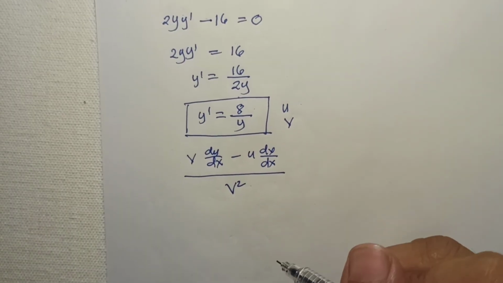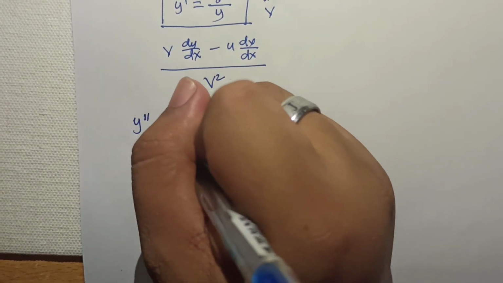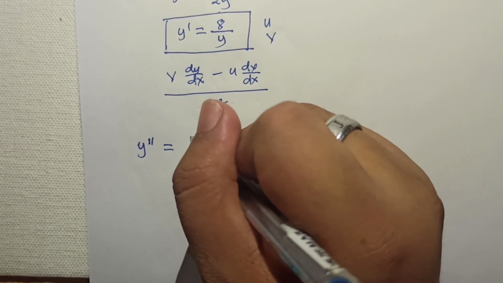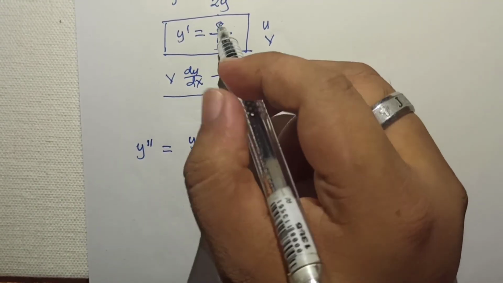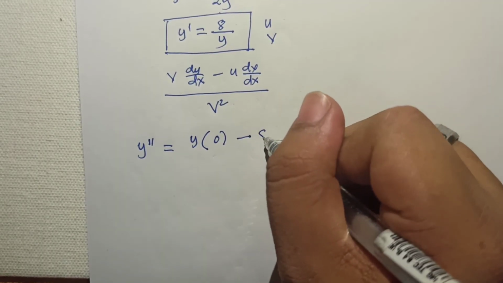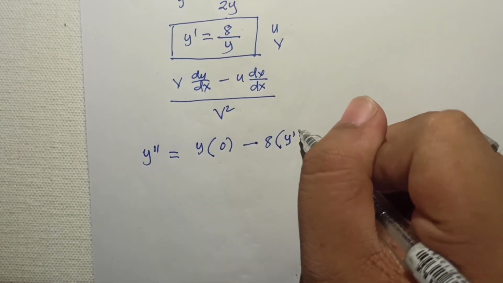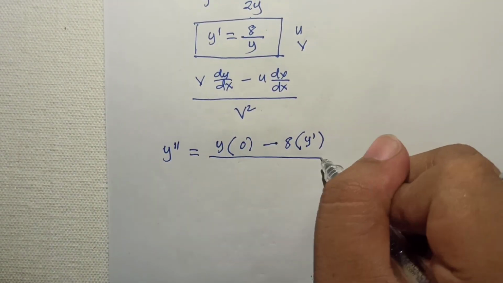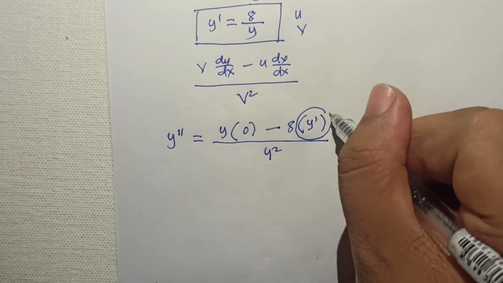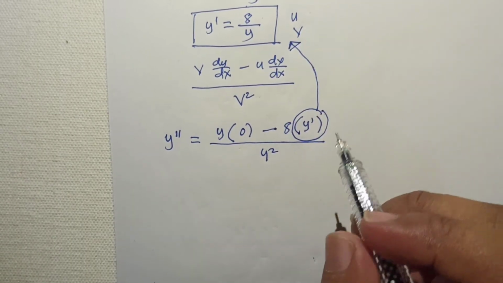To get y double prime, first we copy v, and the derivative of u is 0, minus copy the u, which is 8, times the derivative of v, which is y prime, over v squared, which is y squared. So we need to substitute y prime coming from the first derivative.